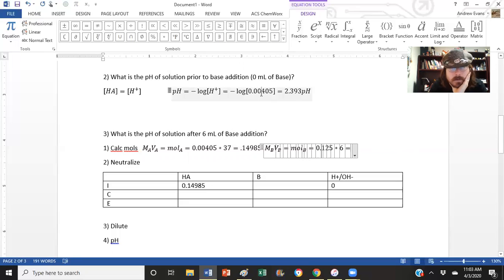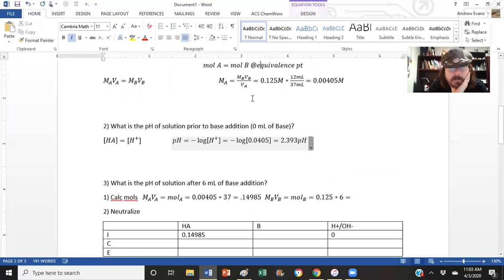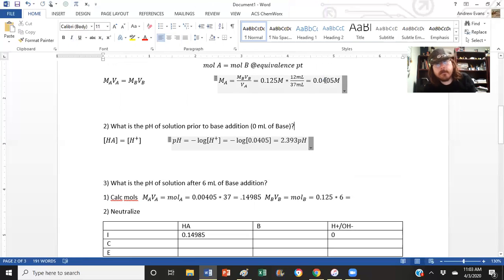Okay, so back here, I made a mistake. Back in problem 1, do this calculation, you get 0.0405, which will change everything on the scale.